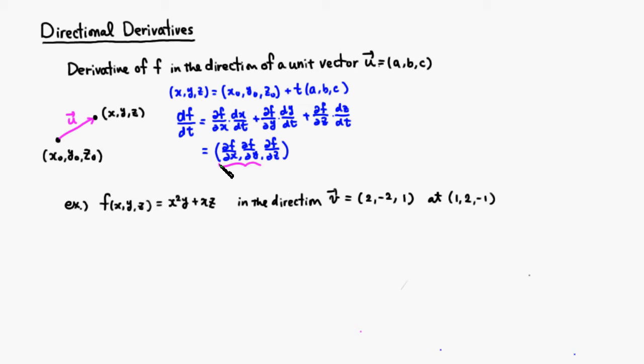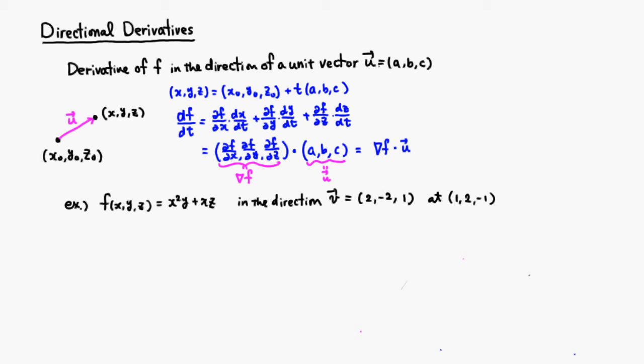So this is just the gradient of f, dot product with the partial of x with respect to t, which is a, the partial of y with respect to t, which is b, and the partial of z with respect to t, which is just c. So this is just the unit vector u. So the directional derivative is simply the gradient of f dot product with the direction vector u.